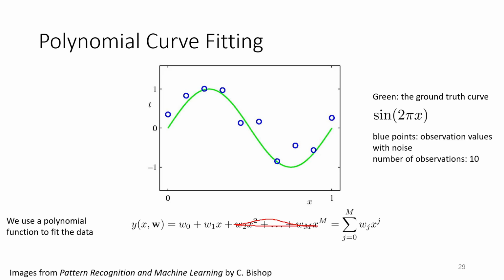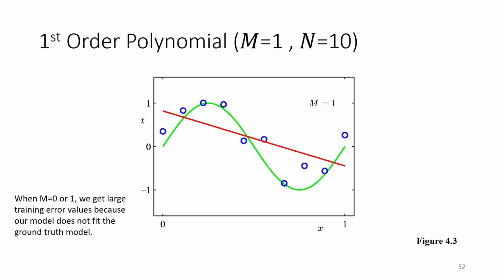So we have two parameters, W0 and W1. So we can see it is a line, but we have a slope coefficient. And again, the error term will be the sum of this distance.